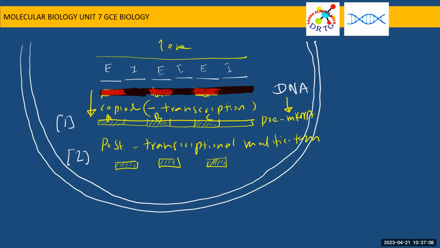It cuts here, here and here, and they start to cut these introns and exons. After cutting, it can only join exons. The spliceosome group of enzymes then joins these exons, so we get a shorter sequence like this. This is now called mature mRNA.